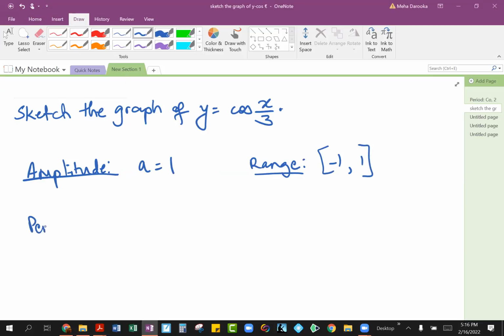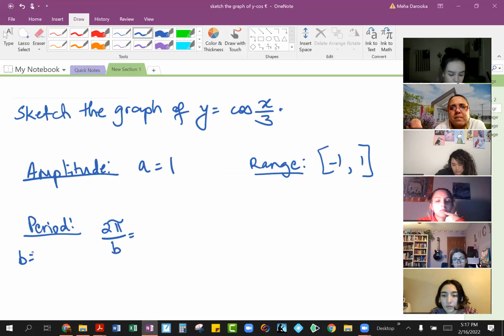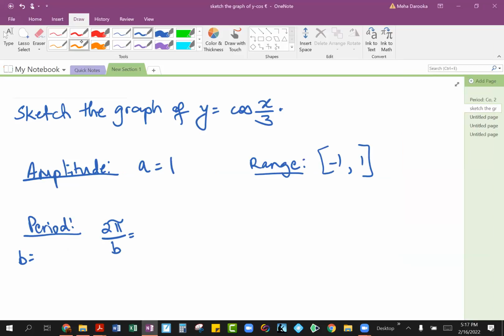However, the period of our function is definitely going to change. So remember, the period is 2 pi over b. Our b value is going to be what for this function here, guys? One over 3, yeah.